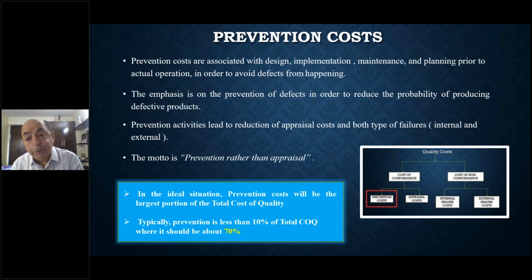Okay. Now, as per Einstein, intellectuals solve problems and geniuses prevent them. I've seen this happening in many organizations, for a huge part of my career, that people only look at what has gone wrong.